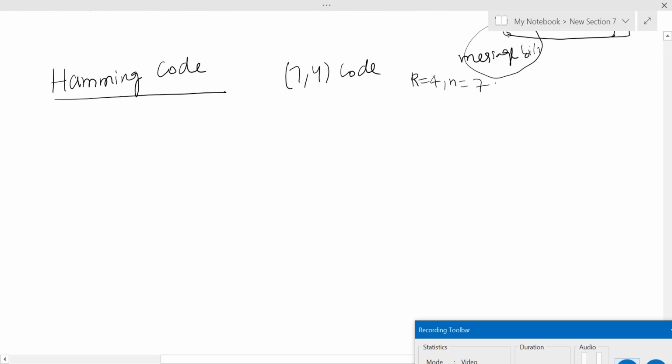So how to get the generator polynomial and other things? You have to take the x to the power 7 plus 1 polynomial and factorize it. I will not trouble you with saying that you should be able to factorize. I will myself give you the factors in the examination, so you don't worry about this.